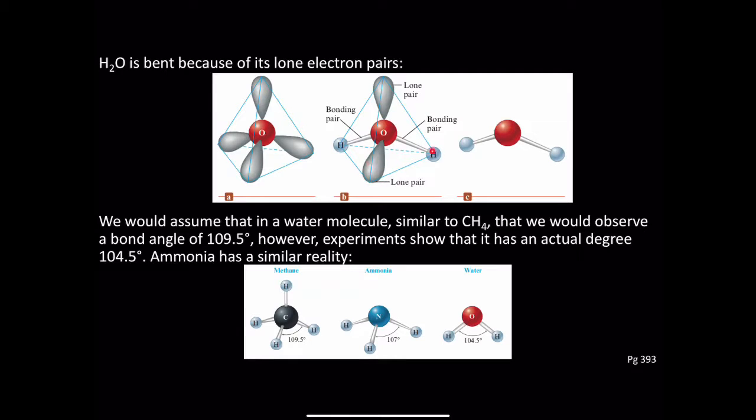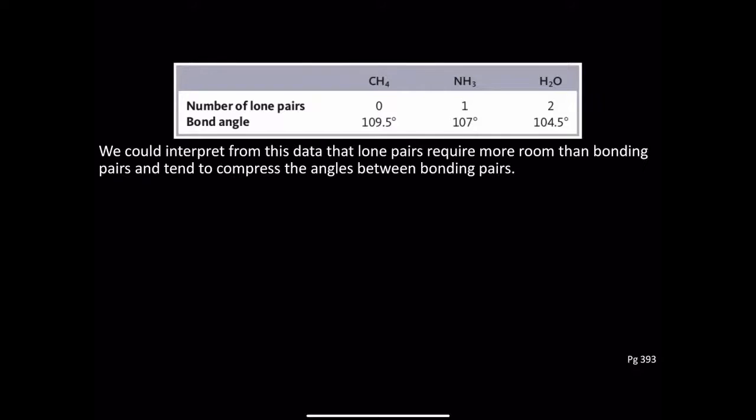However, there are protons in hydrogen, so those have some positivity, but these orbitals are all pure negativity, and so they repel each other and the hydrogen atoms more strongly than another hydrogen atom would, like in methane. In methane they repel equally, but in ammonia and water, those bond angles are smaller because these lone pairs repel more powerfully.